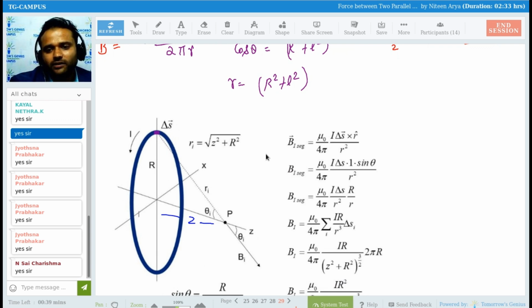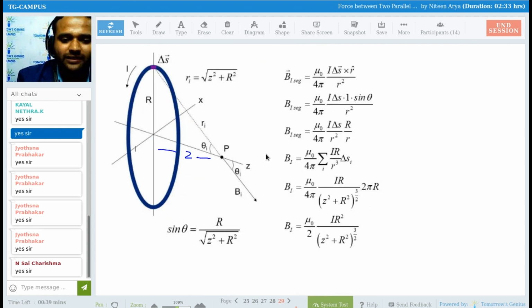For this segment, it is going to be mu naught I by 4 pi, I ds cross r. This is the Biot-Savart law. Simply mu naught I dL upon 4 pi r square, and then the cross product gives sine theta, and then putting the value of sine theta, which is r upon z square plus r square, and integrating that.